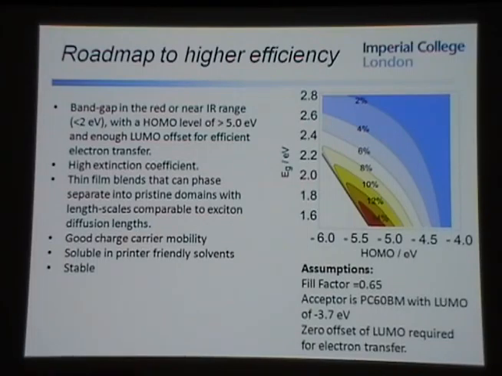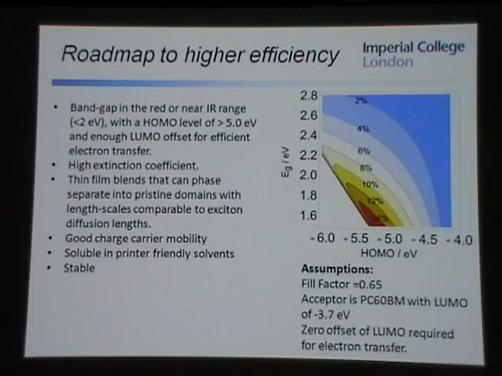We also need these other factors when we think about the ideal donor material, so high extinction coefficient, so we can use relatively thin films. That makes it easier to get the charges out. It may make it harder to make the device if the film is too thin. So there's again a balance between manufacturability and performance.